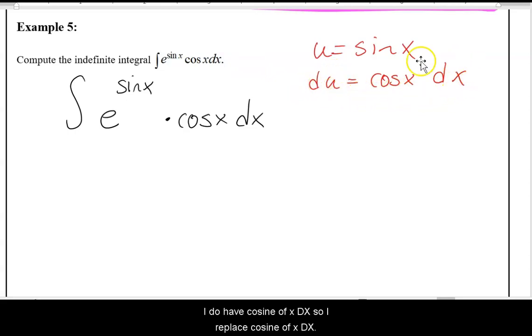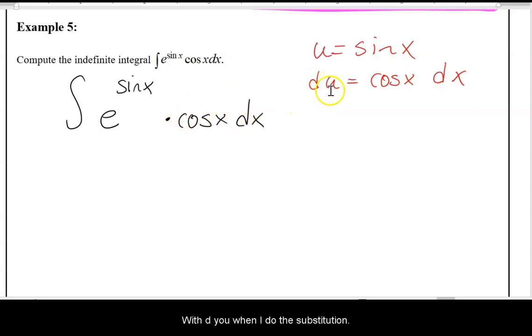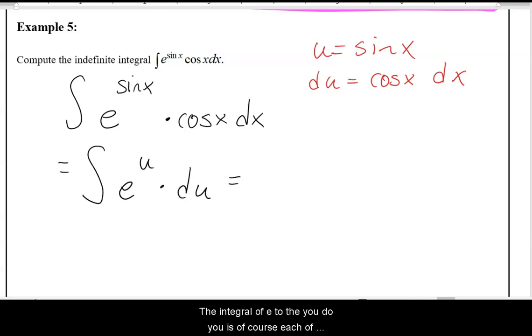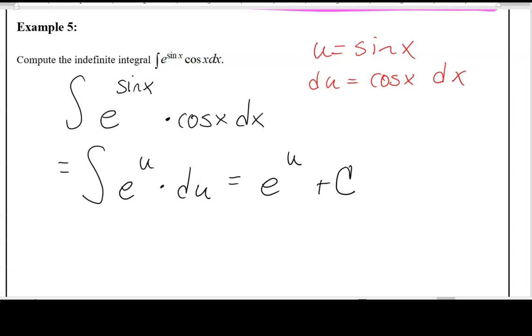I do have cosine of x dx, so I replace cosine of x dx with du when I do the substitution. This leads to the following indefinite integral, e to the u du. The integral of e to the u du is, of course, e to the u plus the unknown constant from the family of antiderivatives.